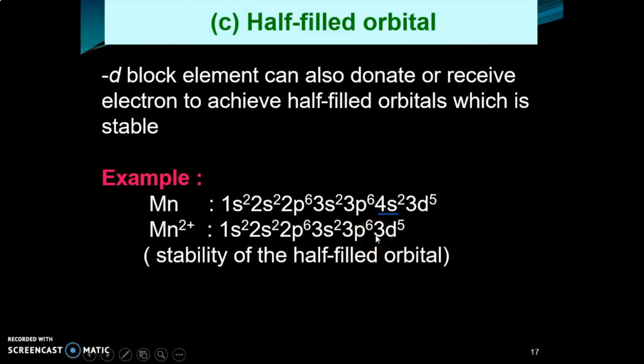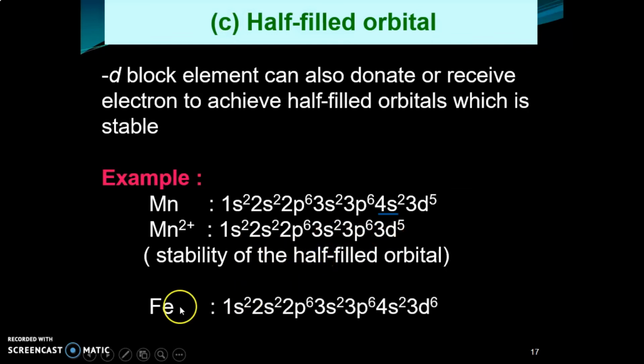So the valence electron configuration for Mn2+ is 3s2, 3p6, 3d5. So this is the stability of half-filled orbital. Another example is Fe. Fe will remove 2 electrons from 4s and 1 electron from 3d to achieve a half-filled orbital.